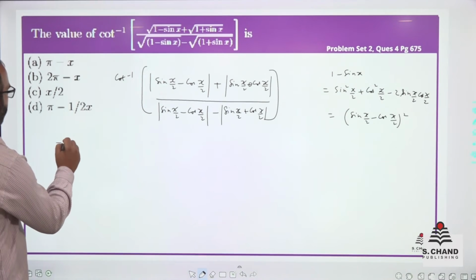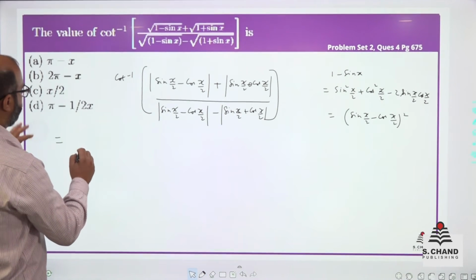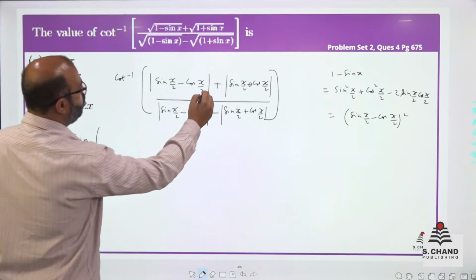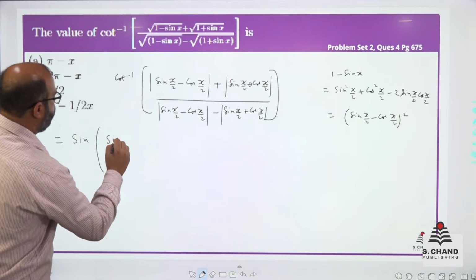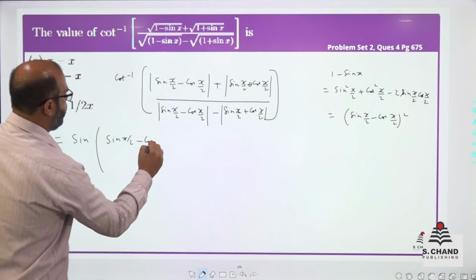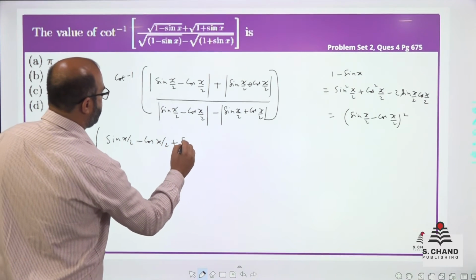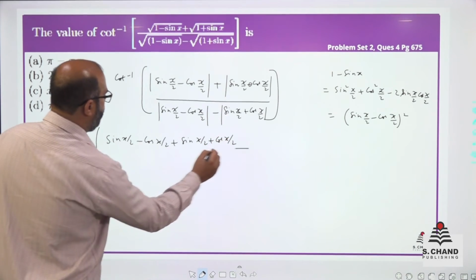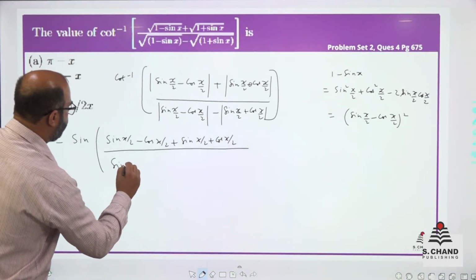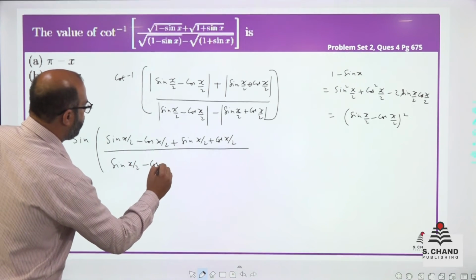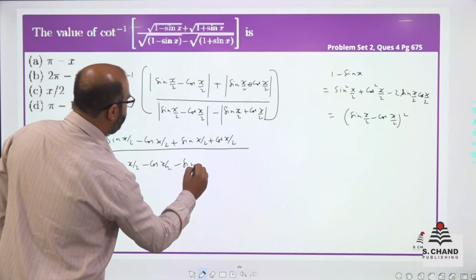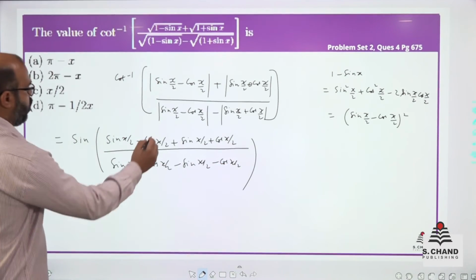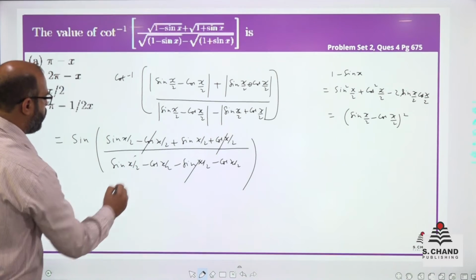So this will become (sin x/2 minus cos x/2 plus sin x/2 plus cos x/2) upon (sin x/2 minus cos x/2 minus sin x/2 minus cos x/2). So sin x/2 cancels.